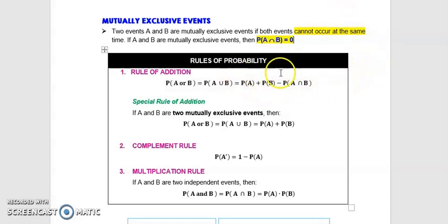Okay, look at rules of probability. Previously was properties of probability, so here is rules of probability. The first one, rule of addition.